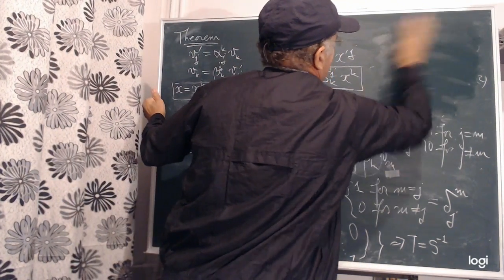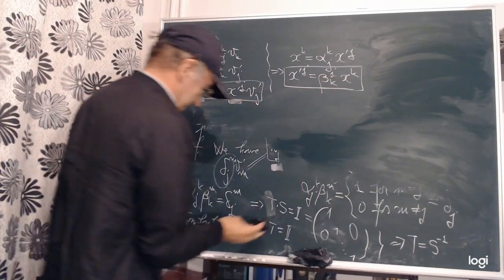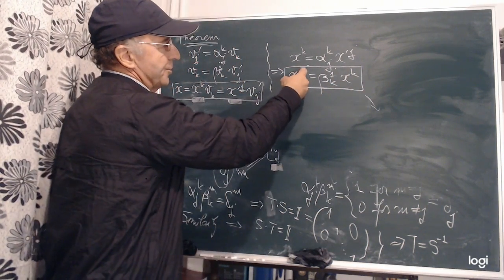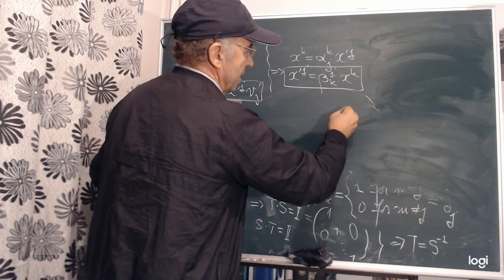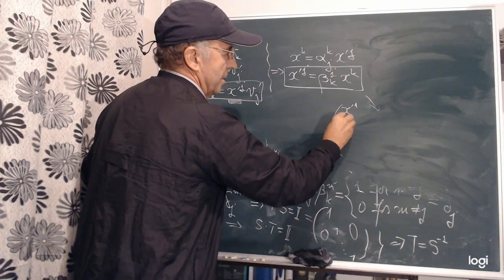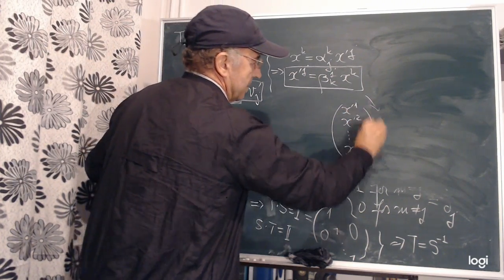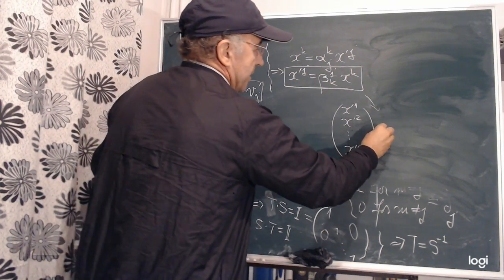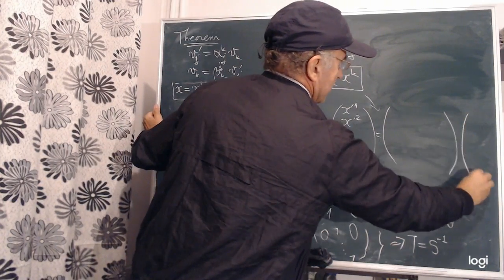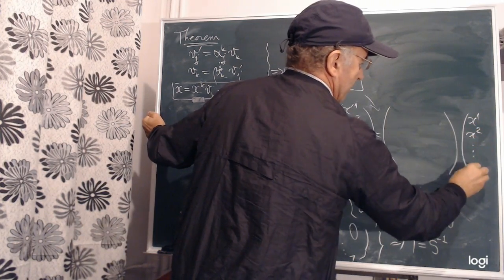And this relation, the second relation, for example, here for j from 1 up to n, x prime 1, x prime 2, up to x prime n, and here the old coordinates x1, x2, up to xn.